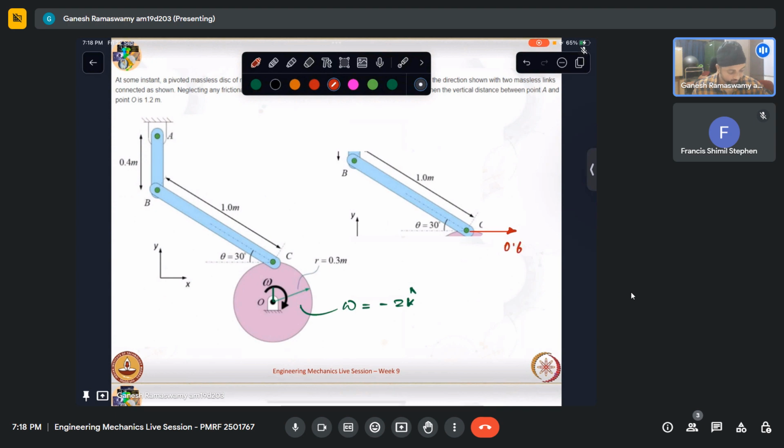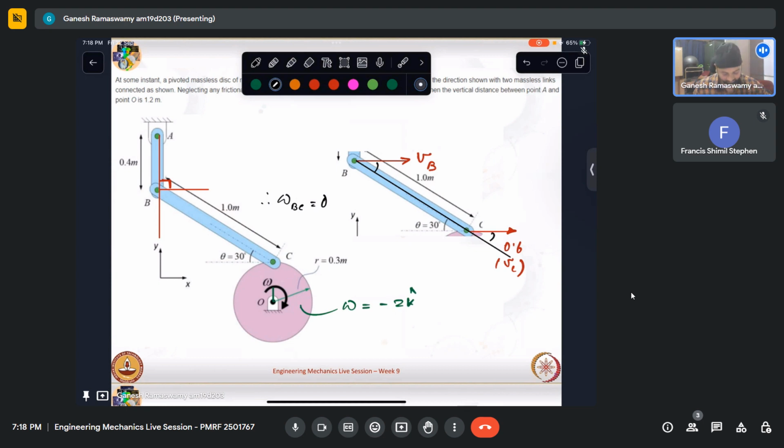So this is 0.6, which is velocity of C, and by virtue of this being perpendicular, this will have another velocity of B. From the same concept that we discussed earlier, if I were to resolve this, the angle is same. Hence, velocity of B is same as velocity of C. So omega for BC is 0 at this instant.